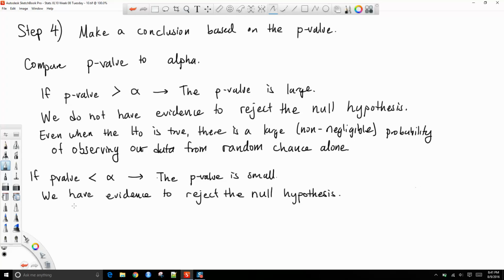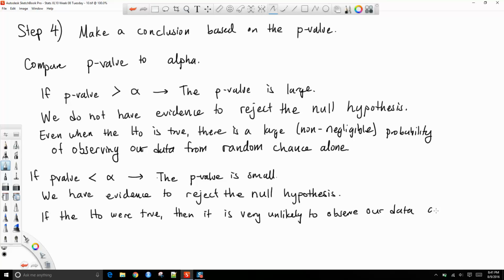And that means that if the null hypothesis were true, then it is very unlikely to observe our data as a result of random chance.